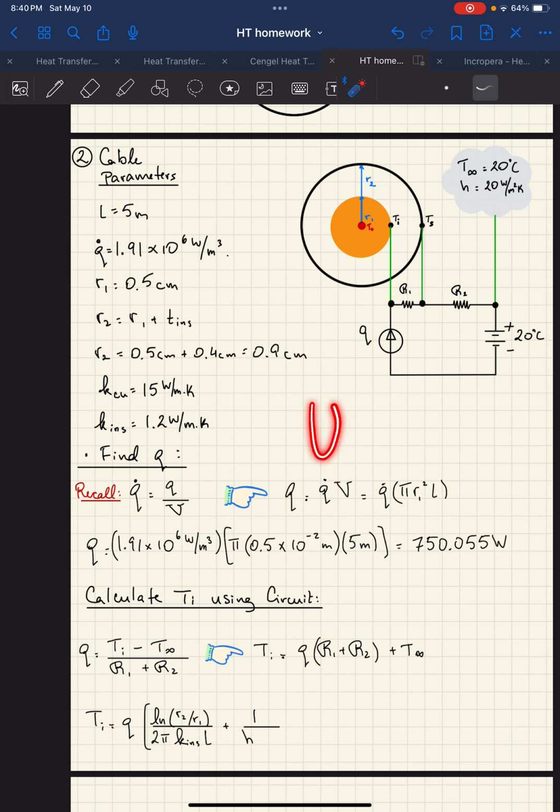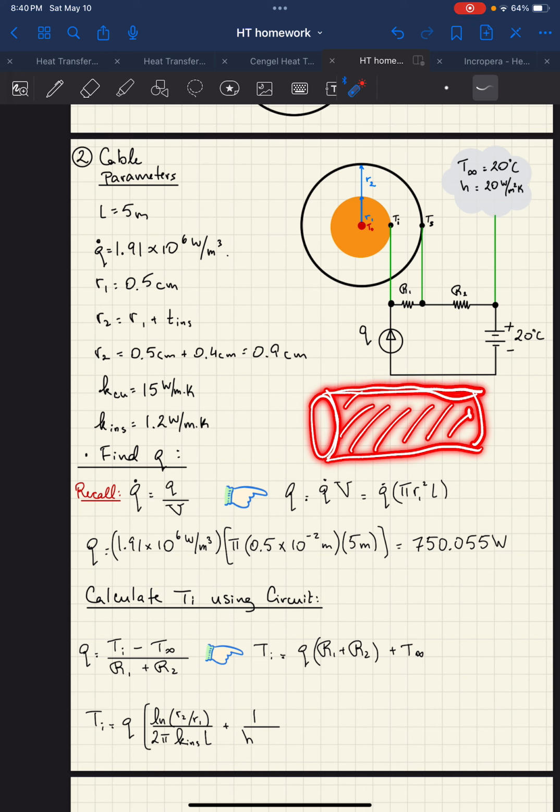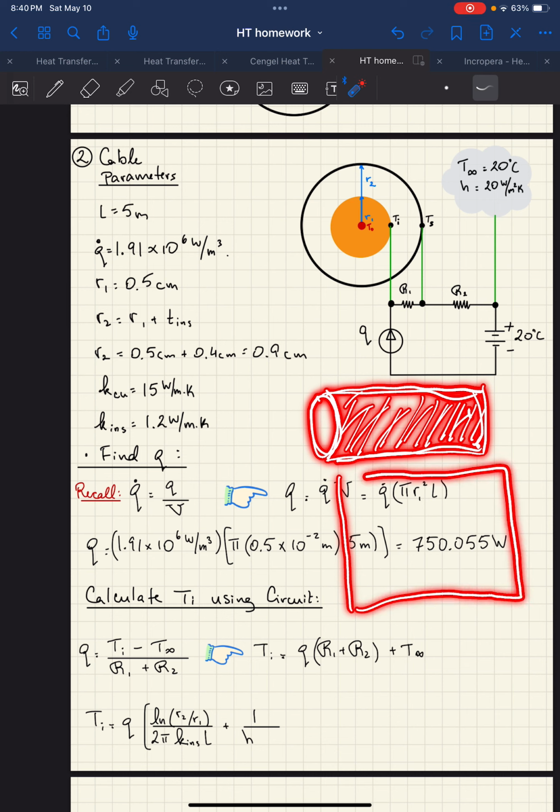I call it the soda can surface area. If you have a soda can, the surface area that corresponds to the label of the soda can is your surface area. If you unwrap the soda can label, it looks like this, where this distance corresponds to the circumference.